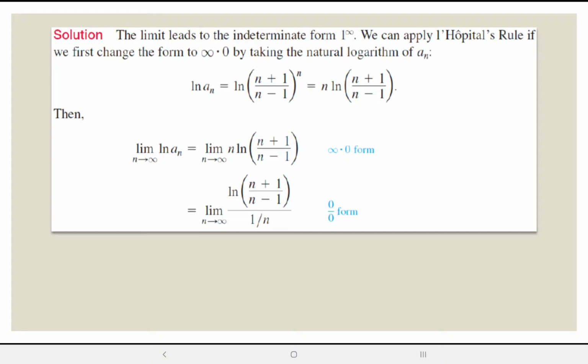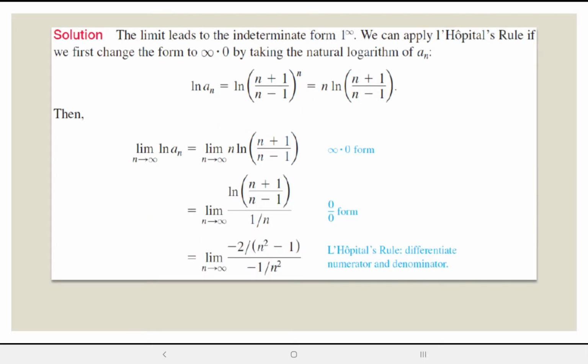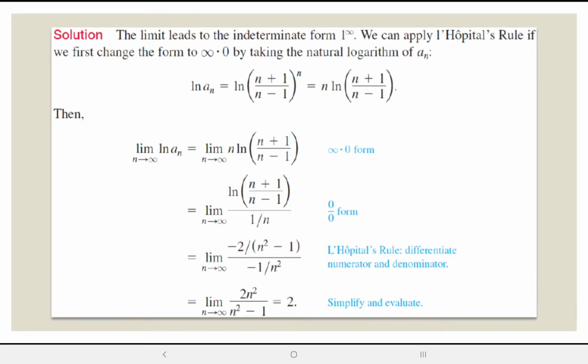So, magkakaroon tayo ng ln ng n plus 1 all over n minus 1 all over 1 over n. Since ang limit nitong nasa taas ay 0 and ito rin ay 0, L'Hopital's rule ulit tayo. Okay, so we have negative 2 all over n squared minus 1 all over negative 1 over n squared. Ito ba? Magkakaroon pa rin tayo ng 0 over 0, no? So, pwede pa rin nating i-derive.